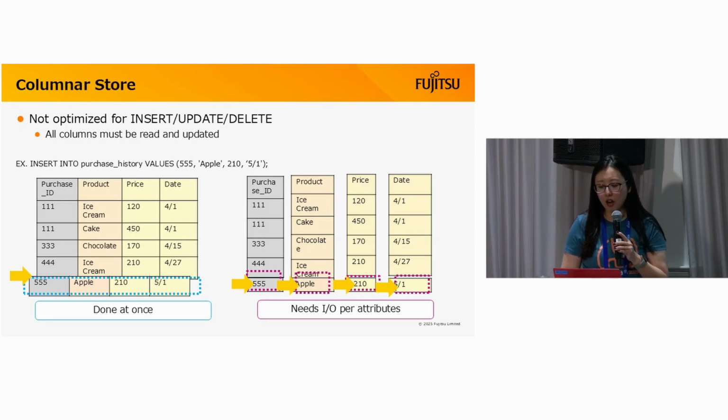In the case of row format storage, you only need to insert the row once. However, a column store requires reading and updating of each storage column.